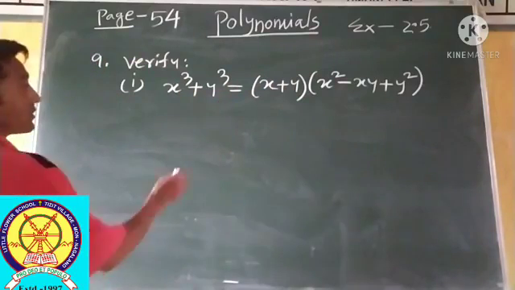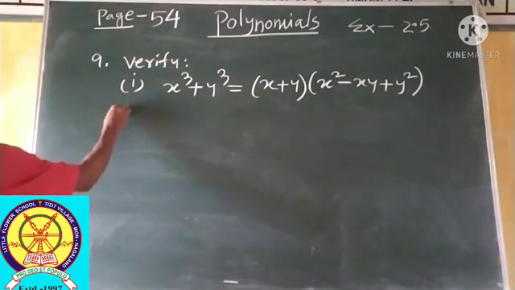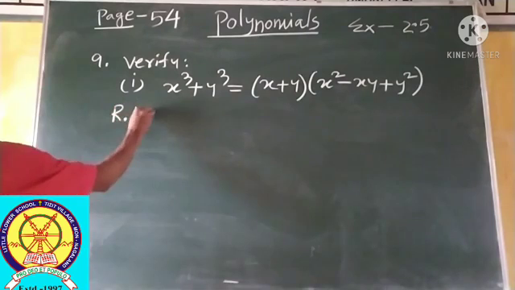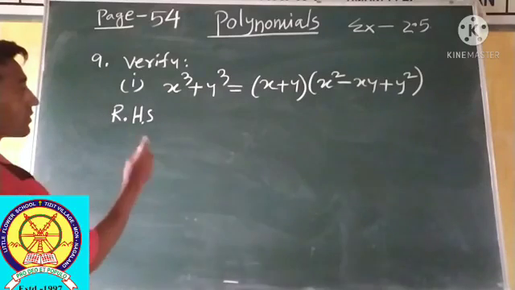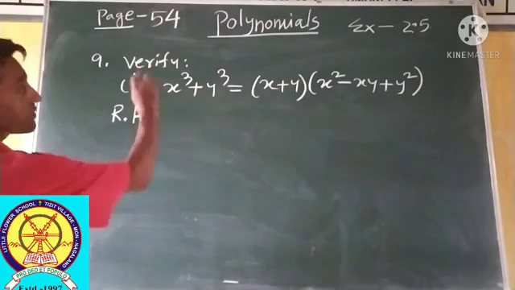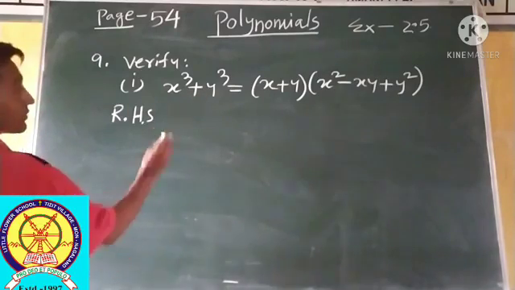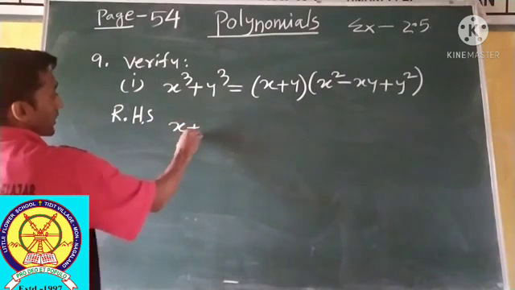So here we solve the right hand side. We solve the right hand side, then we will get the left side. Any side you can solve. Just you have to prove that left side is equal to right side or right side is equal to left side. So we will solve the right hand side to get the left hand side.